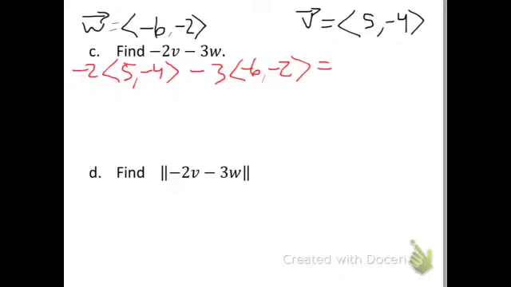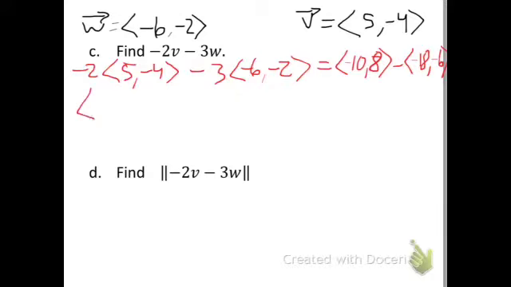If you distribute that scalar into the vector, you're looking at -10, 8 minus, no, vector bracket, you're looking at negative 18, and negative 6.